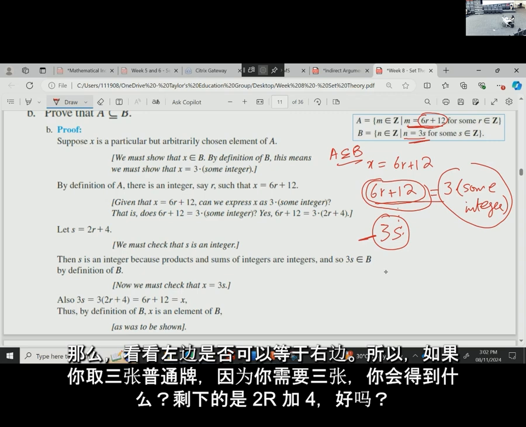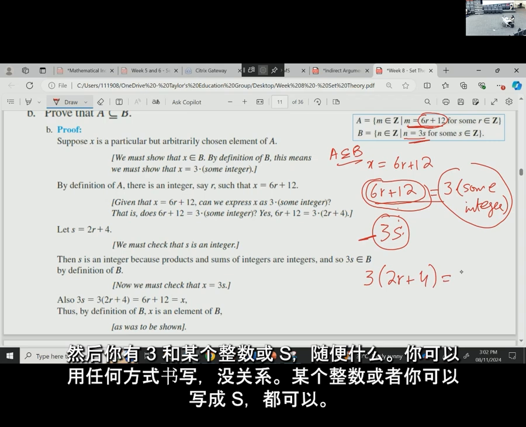So if you take 3 common, because you need to have 3, what you are left with over here is 2r plus 4, okay? And then you have 3 and some integer or s, whatever. Okay. You can write it in any way, doesn't matter. Some integer, or you can write s, it's okay.